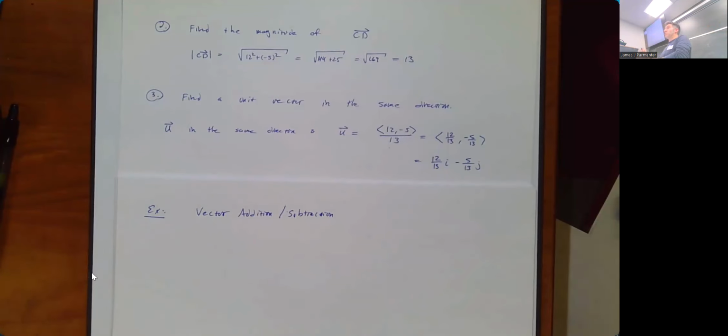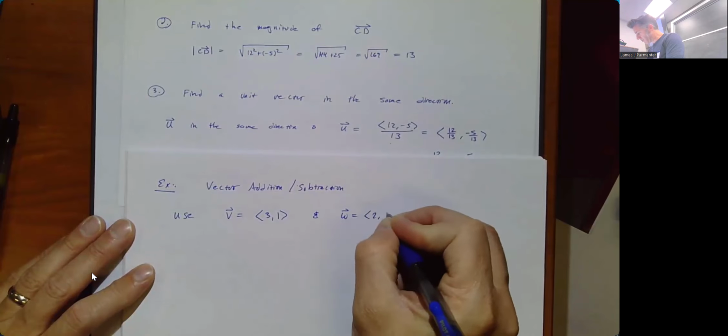And then the nice thing about vector addition and matrix addition or subtraction is that you add things the way you think you should, meaning you add the like components together. So if I'm going to take these two vectors, let's use v equal to 3, 1 and w equal to 2, 5.